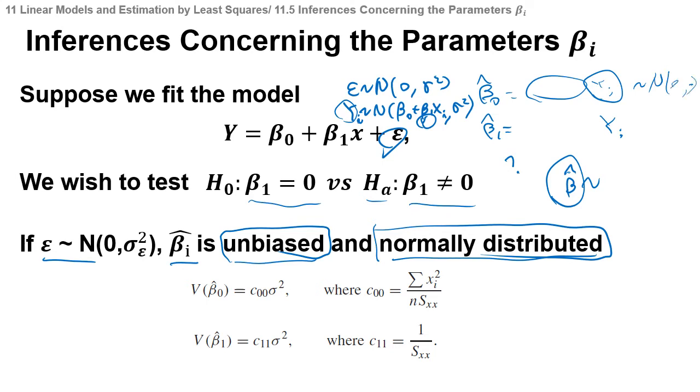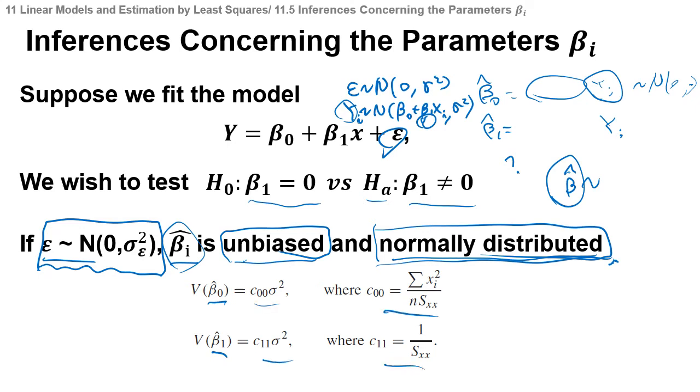So if this assumption holds, we can show that beta i hat is unbiased and normally distributed. We also calculated the variance of beta 0 hat and beta 1 hat. So now we know the distribution of beta hat.